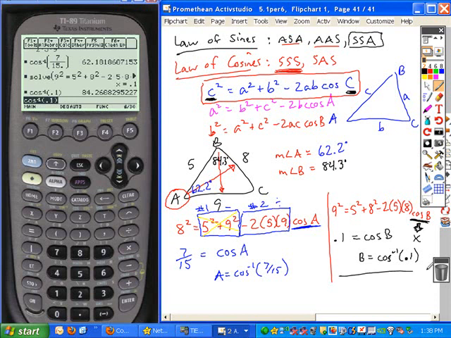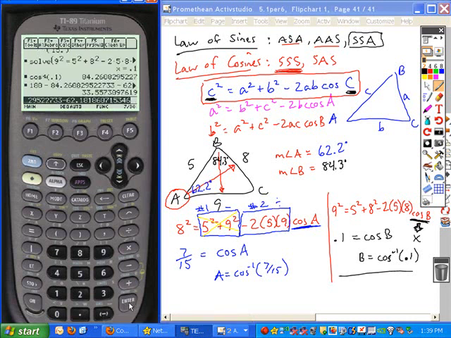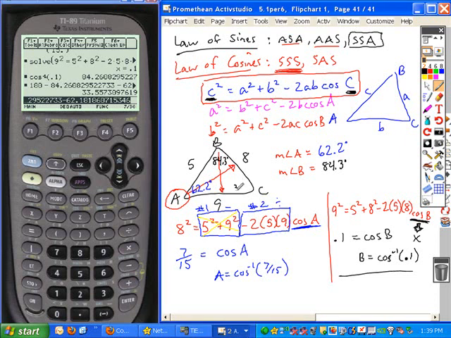And then finally, for angle C, what would I do to solve? Easy way to do it is 180 minus 84.26. Again, I'm using my exact answers, right? Minus, go up to 62.2, hit enter, and I get 33.6 approximately.